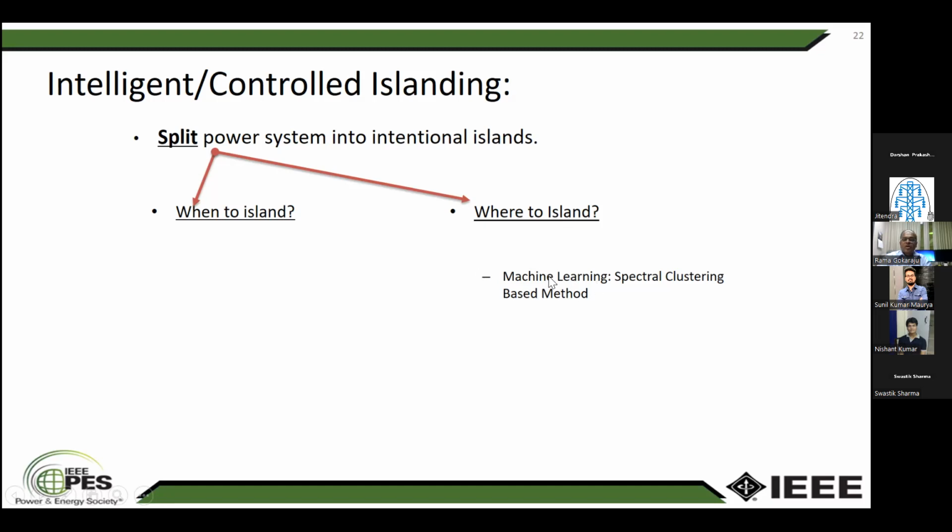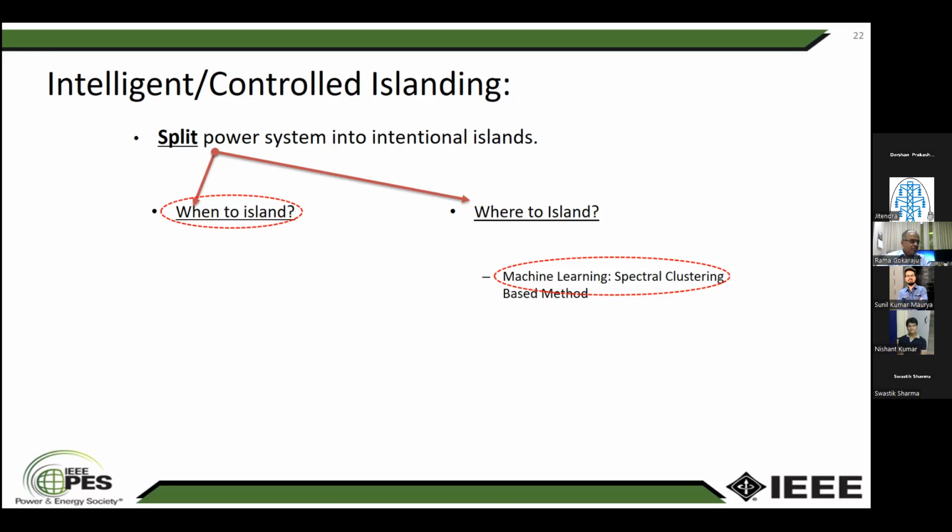So for that part, in the research that I did with a grad student, we were looking at a machine learning based algorithm, the spectral clustering. So in the when to island part, when we looked into the literature, what Arun Phadke and James Thorp had proposed was a wide area measurement based scheme.